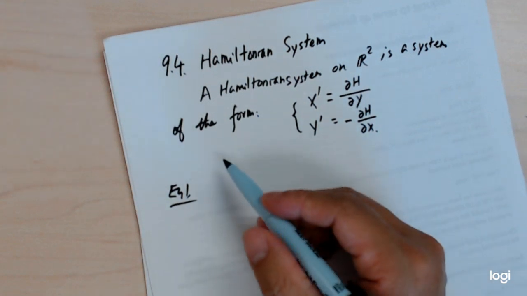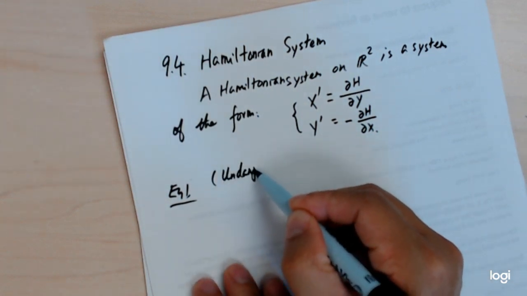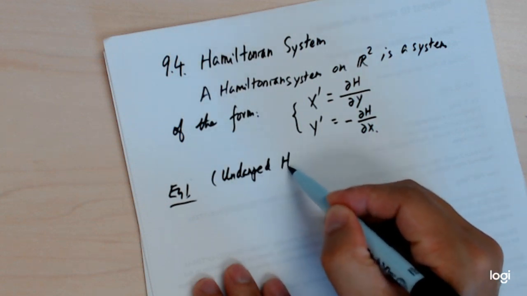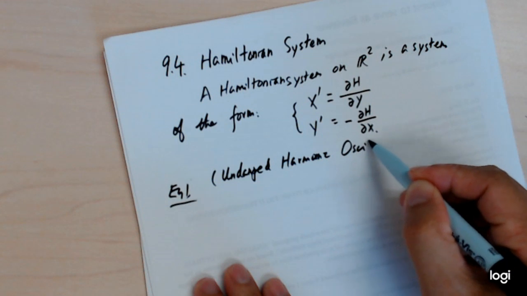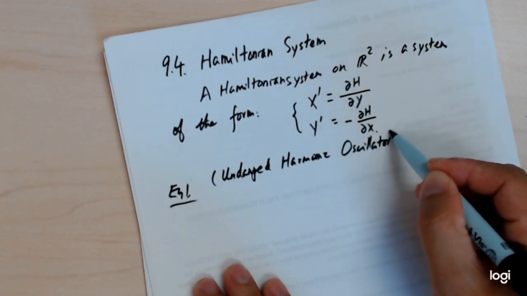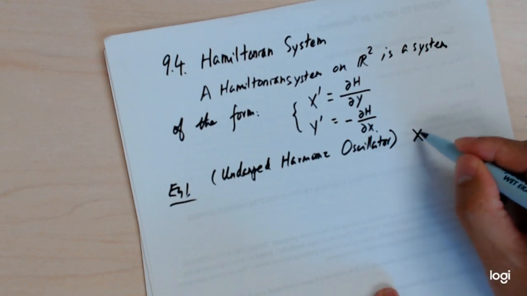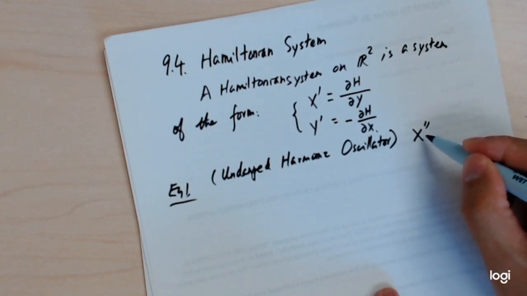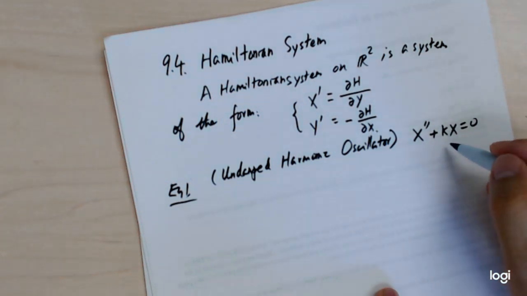The first example is what we know from the ODE class, what we call the undamped harmonic oscillator. Now, the second order ODE looks like this: x double prime plus kx equals zero, where x is the displacement of the spring and k is the spring constant.